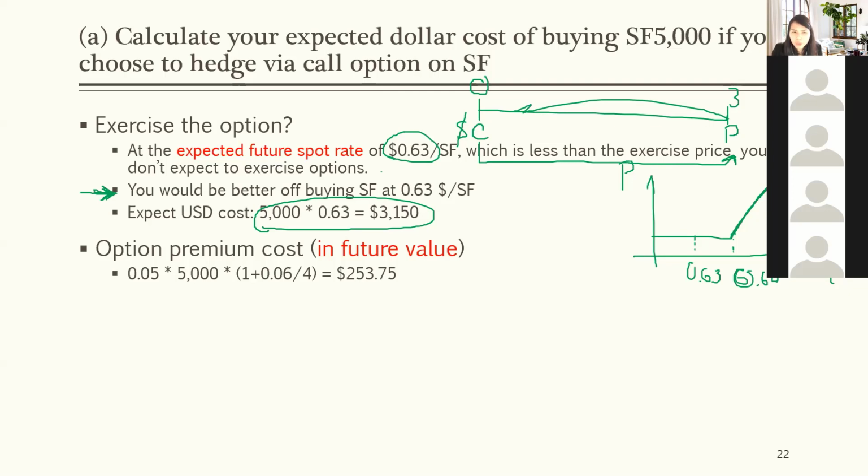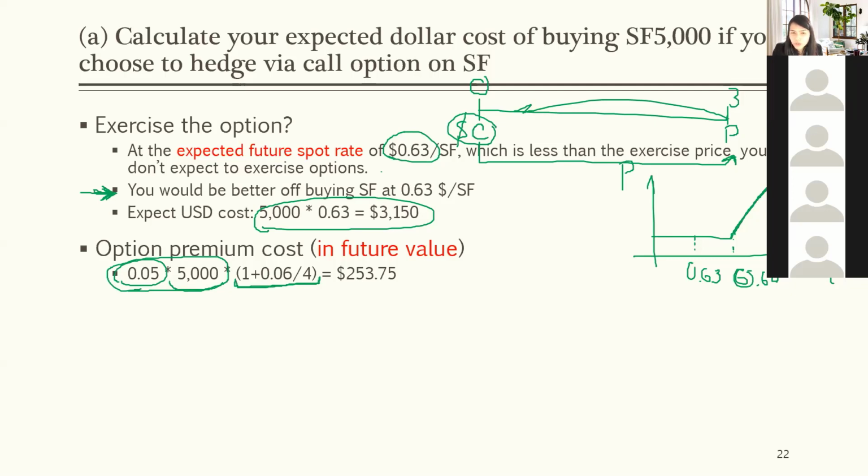So here to compute the option premium cost, you're going to take the option premium per franc. In this case, it's $0.05 per franc. You're going to times it by the contract size, which is 5,000 Swiss franc. So this is the option premium cost that you're going to pay upfront at time 0. And then in the next calculation, I'm going to compute the future value of this option premium cost.